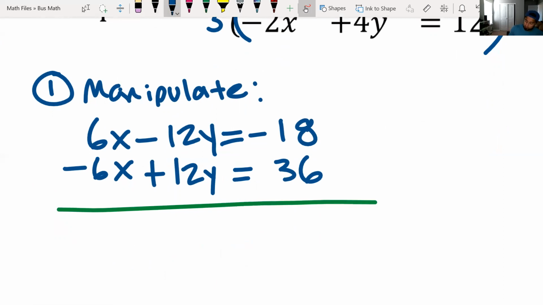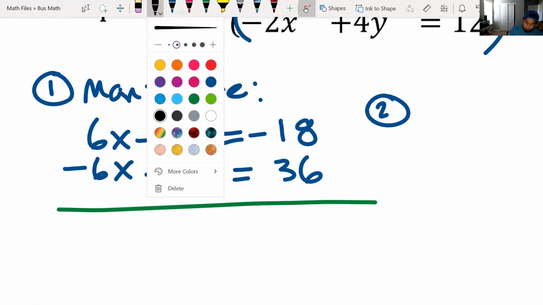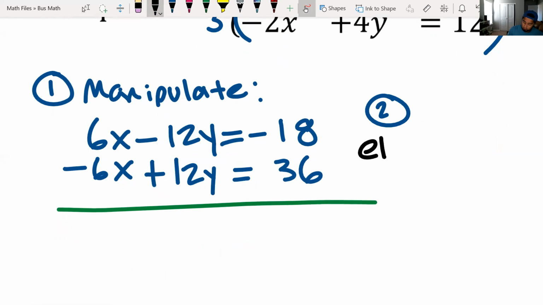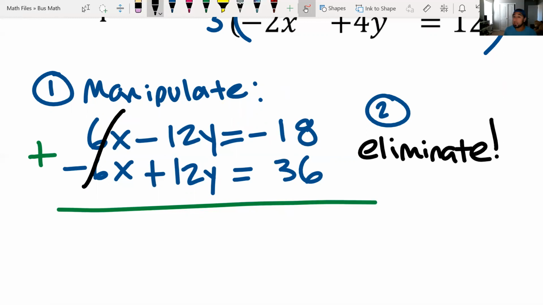Now here comes step 2. Eliminate. Well, look what happens. 6 plus -6, gone. -12 plus 12, gone.